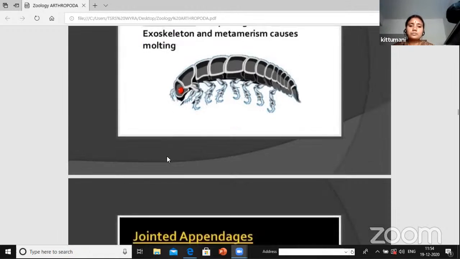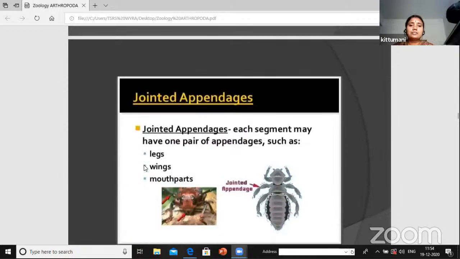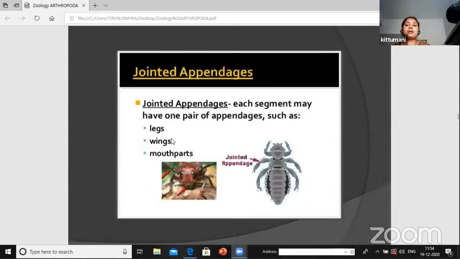Okay, and here the unique feature of the phylum Arthropoda is jointed appendages. What is that? Jointed appendages. Each segment may have one pair of appendages. Here we observe the jointed appendages.